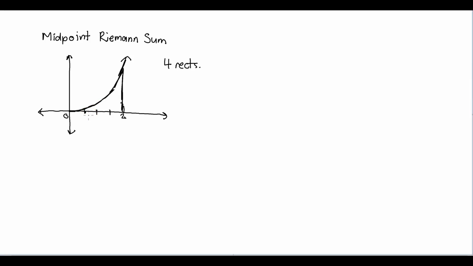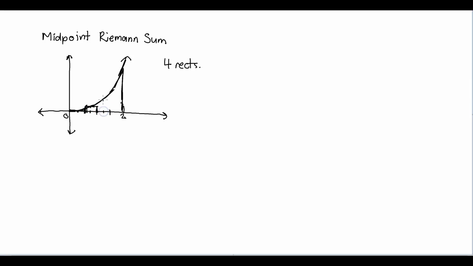Now, instead of doing either the left or the right, the rectangle will intersect the graph at the midpoint of the intervals, why it's called midpoint sum. So this will be 0.25. This rectangle will intersect at 0.75, your midpoint.